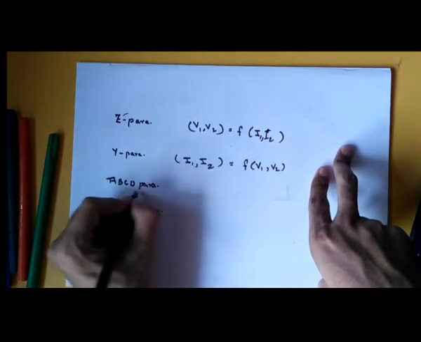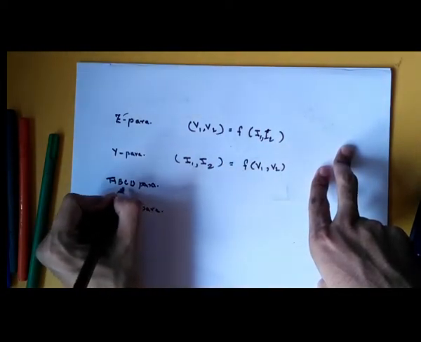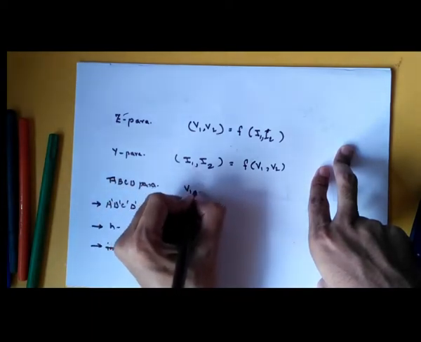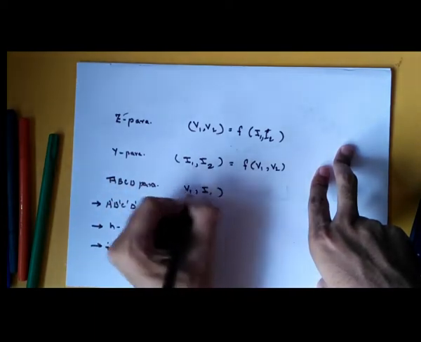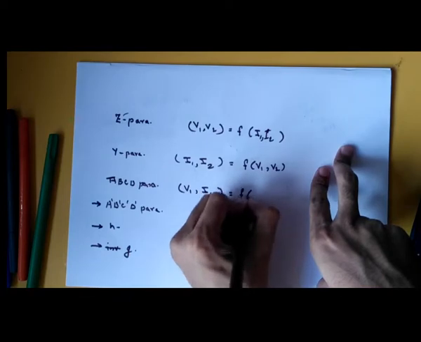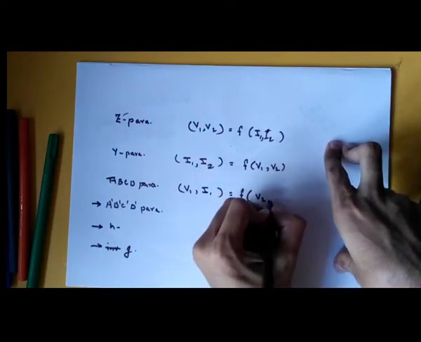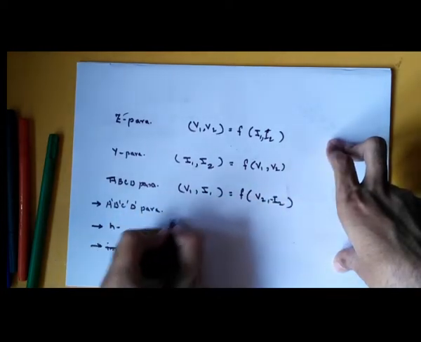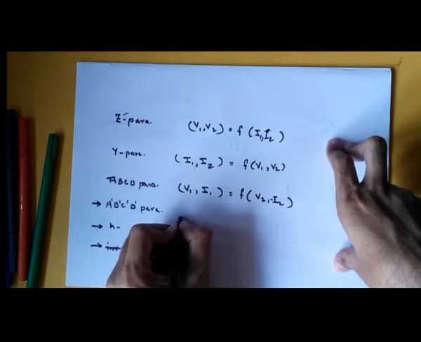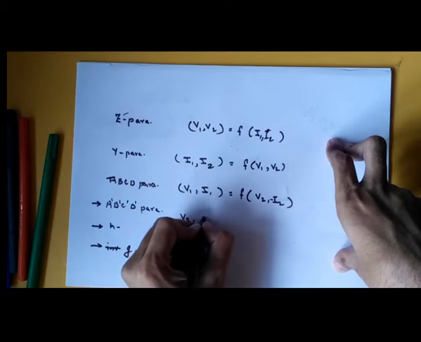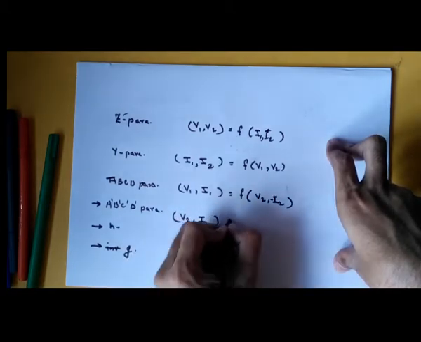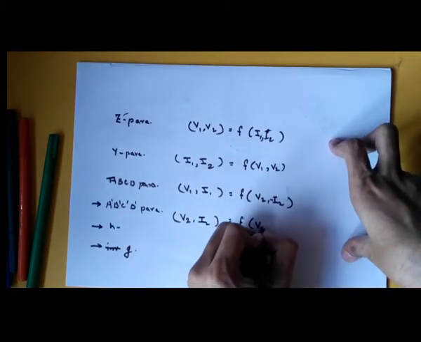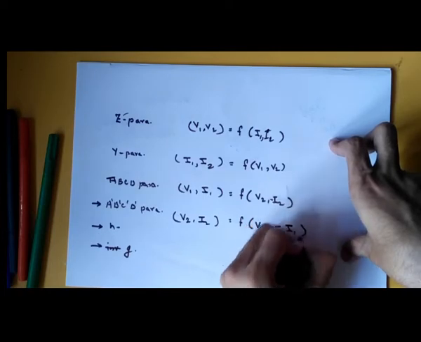And these are ABCD, called transmission. So from port 1 to port 2, something is transmitted. So V1, I1 is a function of V2, minus I2. Then inverse transmission, from port 2 to port 1: V2, I2 is a function of V1, minus I1.